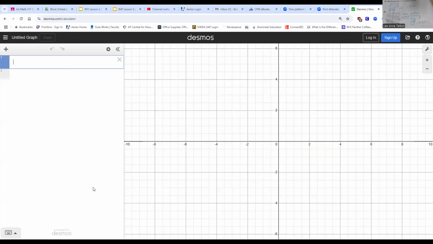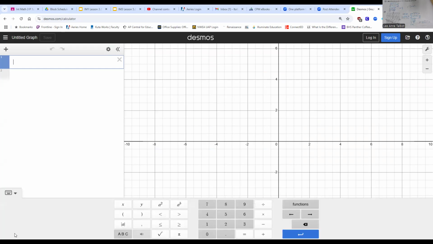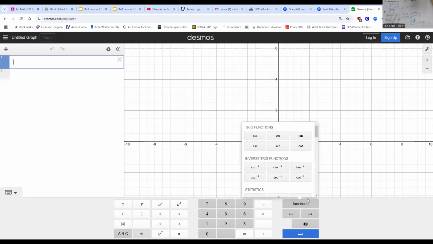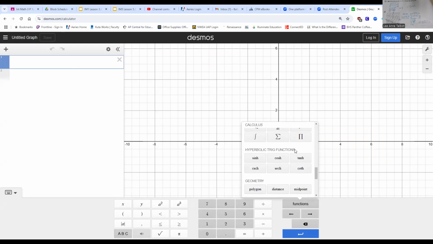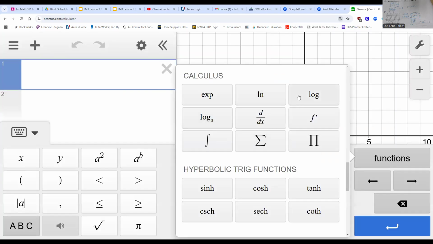Okay, so Desmos, here it is. You guys know about this thing down here that gives you a menu. And if you hit the functions button, there's a lot of different stuff in here that you can use. But what I want you to notice is that, hold on, let me zoom in. There's a log.